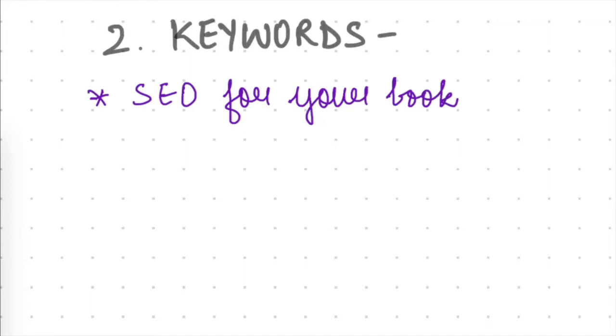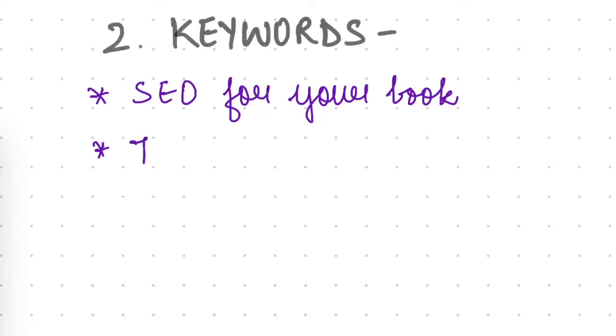It's basically what customers are already searching on Amazon, and if you list those kind of keywords in your keywords while you are setting up your book to be displayed or to be sold on Amazon, you should take that into consideration.